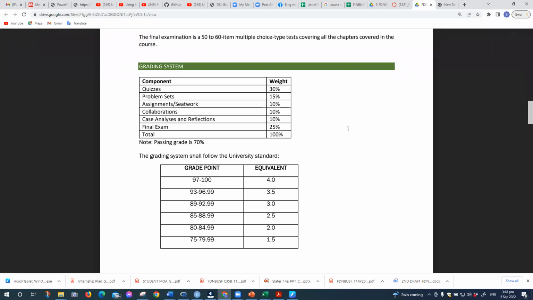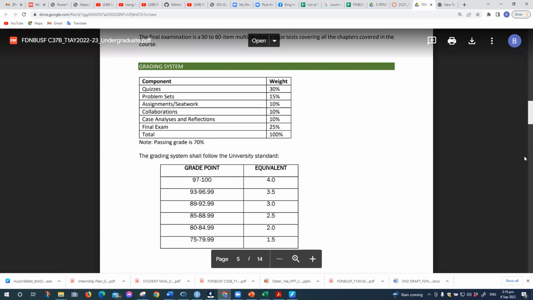Final exams, most probably it might be face-to-face. Okay, face-to-face yung final exams natin. Wala naman mga pasok yan eh. So the department will arrange, usually departmental yun.